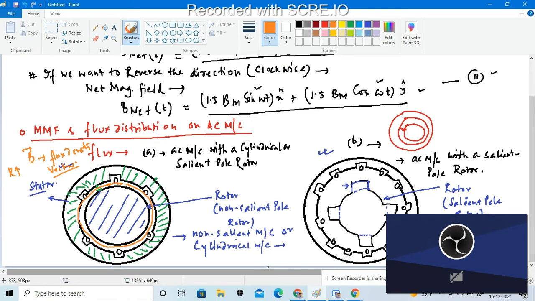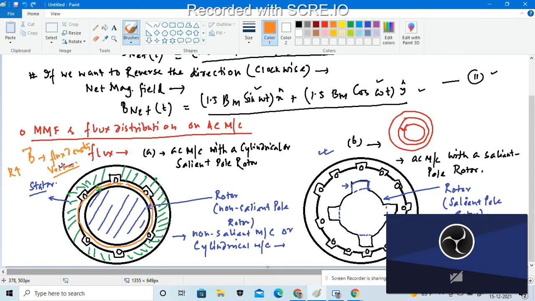Okay, for the production of a sinusoidal voltage in a machine, the magnitude of the flux density vector, which is assumed to be B, must vary in a sinusoidal manner along the surface of the air gap. So due to the air gap between the stator and the rotor, we are considering different components. One is the reluctance.